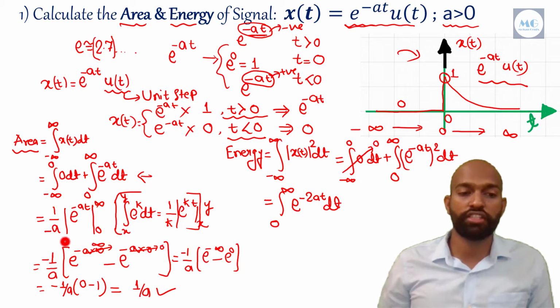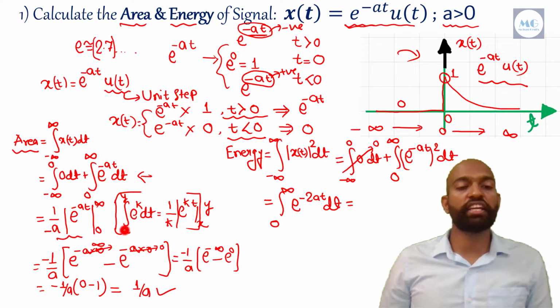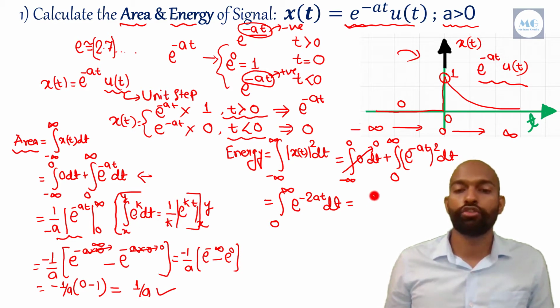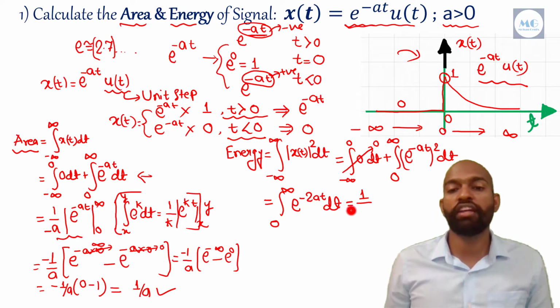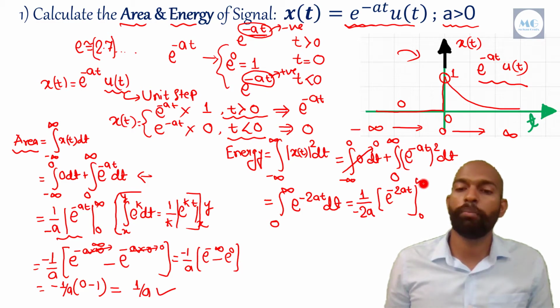Similar to this, we have to calculate this. As the integration of e to the power kt dt is 1 by k e to the power kt, here in place of k it is minus 2a. So I have to write minus 1 by 2a and e to the power minus 2at from 0 to infinity.